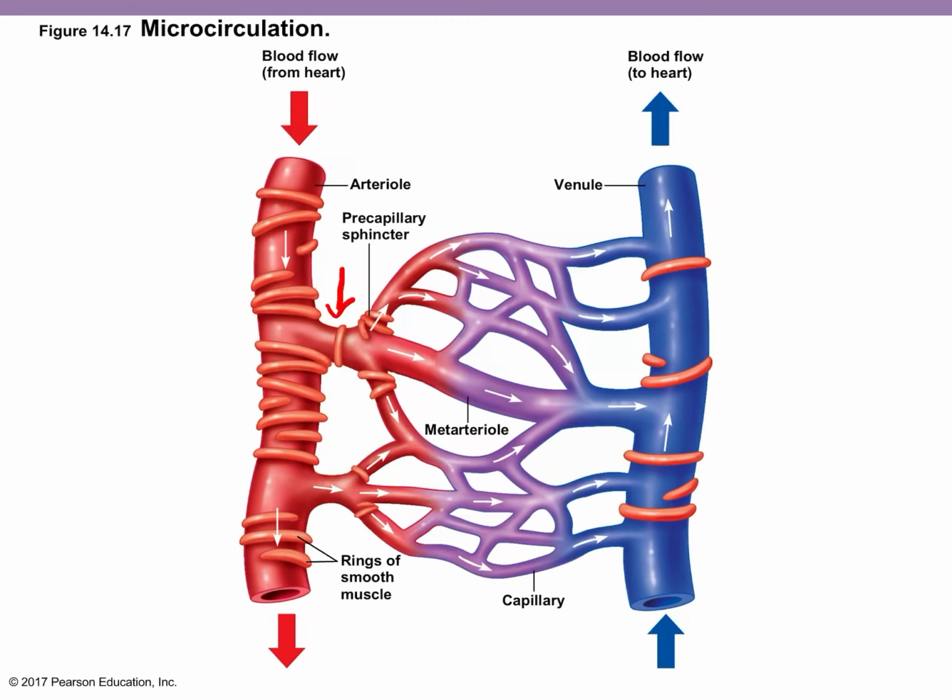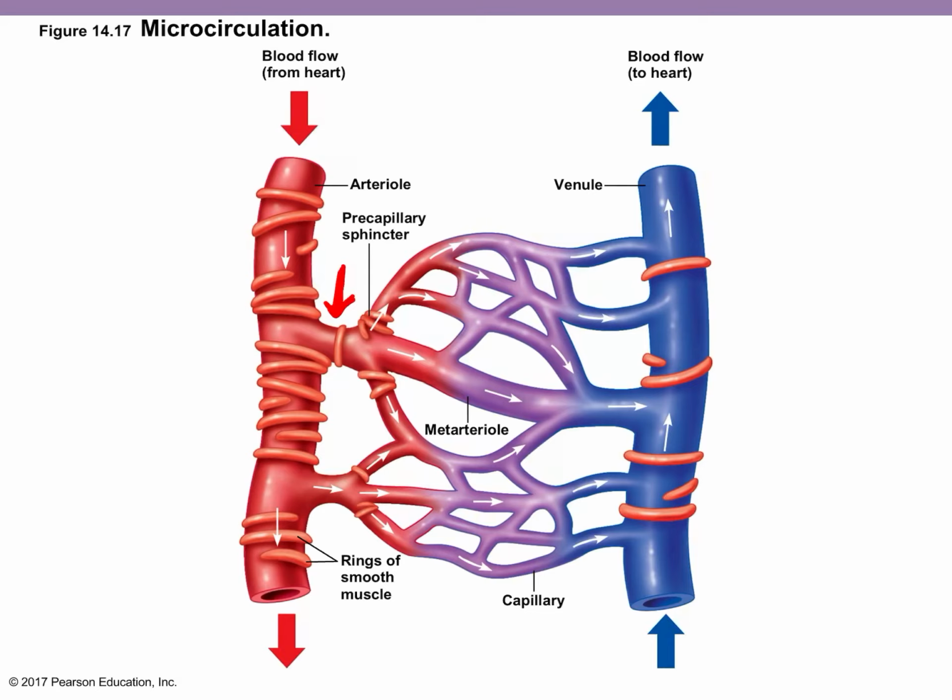So take a look at this ring here, this muscle here. If this were contracted, the blood wouldn't go through that meta-arteriole, and so it would bypass the entire capillary bed.